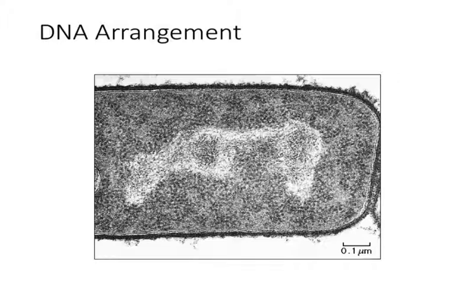What are these other features? What's this out here? What could this be? Maybe we'll come back to this on Wednesday. But start to think about what are these other structures out here too.